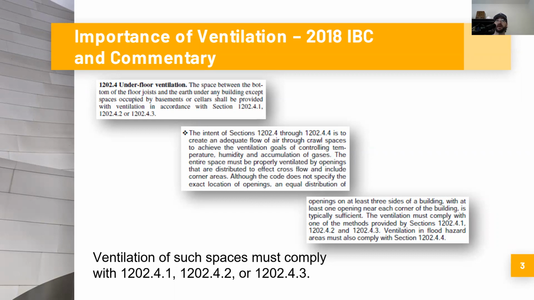So first thing to note is obviously this does not apply to basements or cellars. The reason that's the case is because basements and cellars are intended for human habitation. People will occupy those spaces.